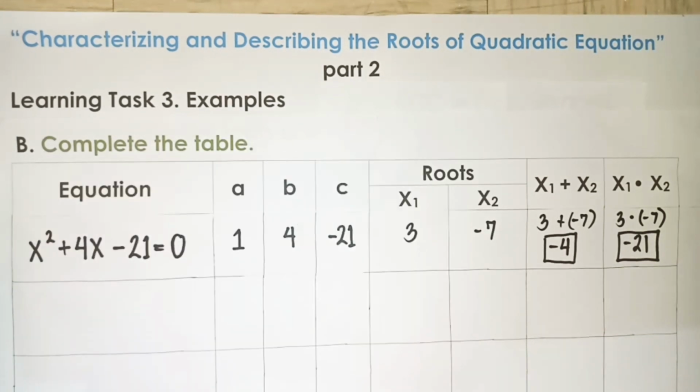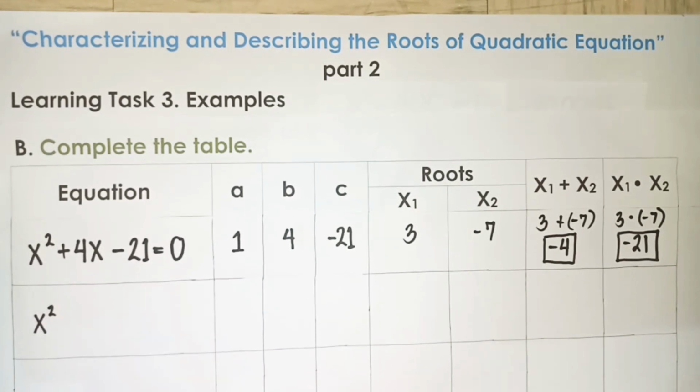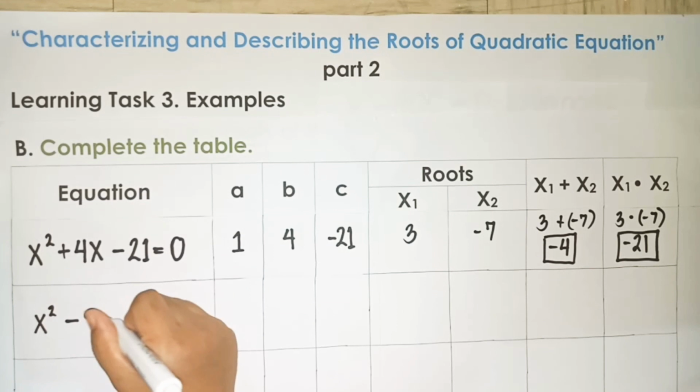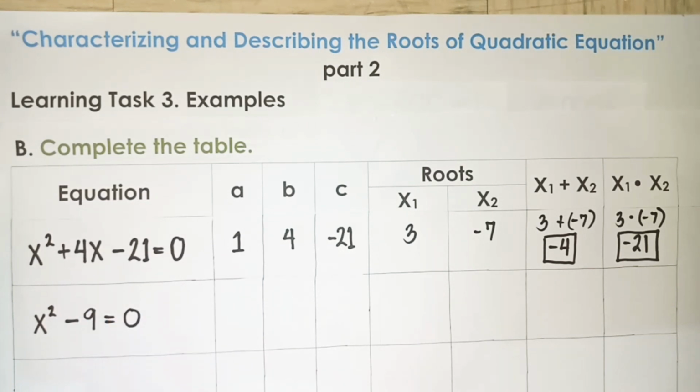Okay. Example number 2, we have, let's say, x squared minus 9 equals 0. So, as you can see, our equation doesn't have the linear term. So, meaning to say, ang linear term po natin is 0.